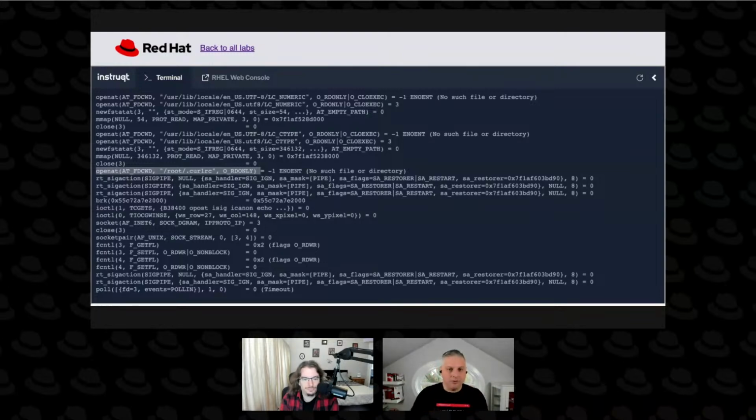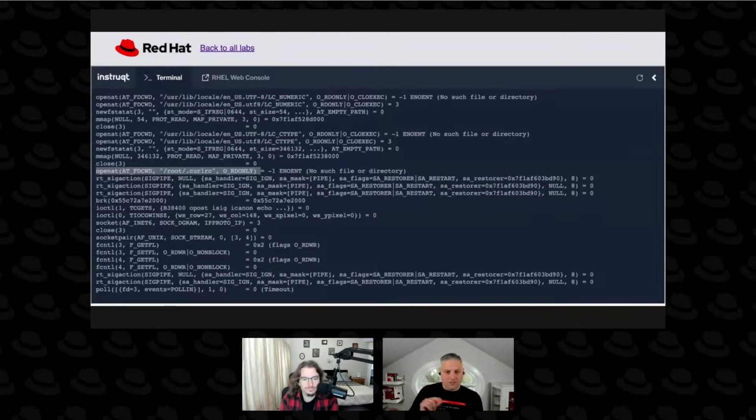If we go backwards through the other ones, it's things like loading the language kit for numbers, for money, for lowercase characters, right? So all we're doing is opening and reading files, and that's just setting up the environment for curl to run.